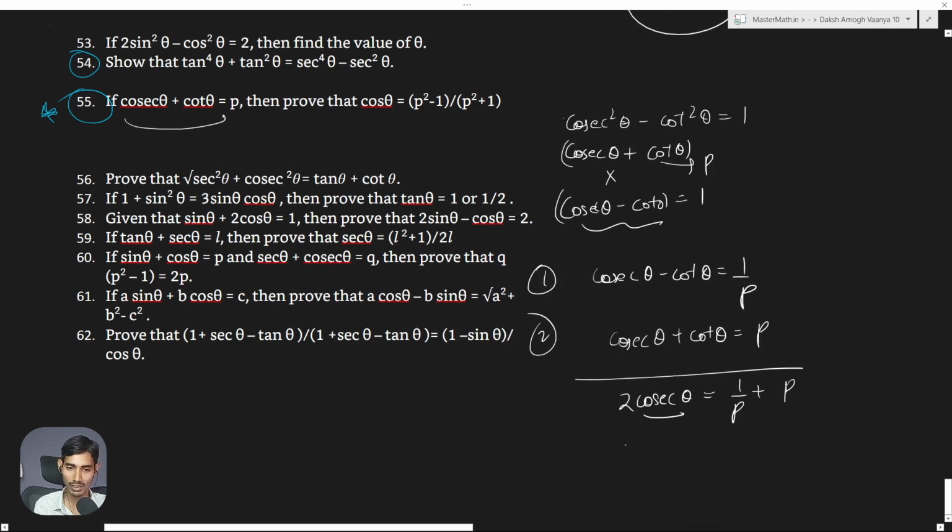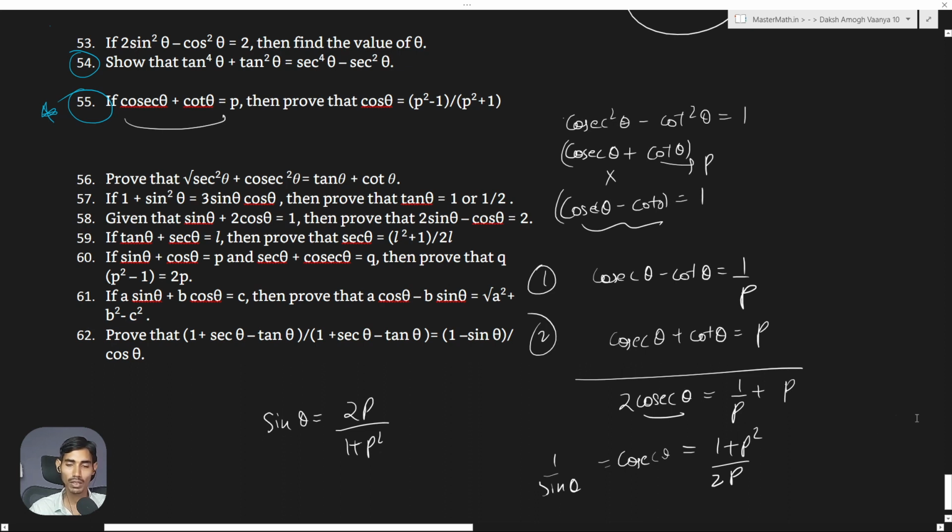Let me simplify. 1 plus p square by p is what we get, and 2p, and this would be cosecant theta, which is 1 by sine. So sine theta is 2p divided by 1 plus p square. Is that okay? Right? Naveen, is that okay? Yes, sir.